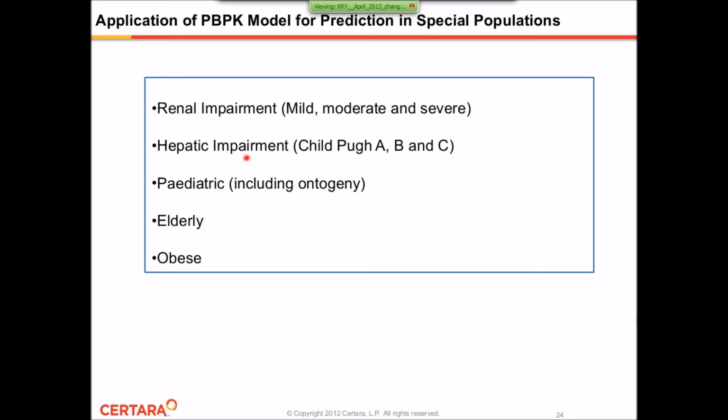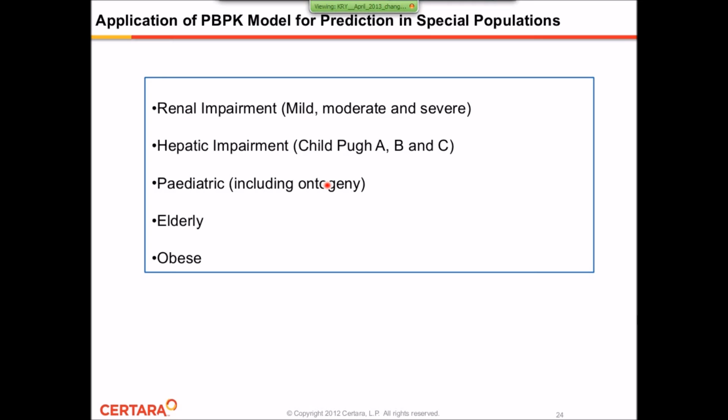For hepatic impairment, we've got Child-Pugh A, B, and C to consider, and because of the etiology of the disease, the CYP enzymes are also impacted, and also the liver physiology. We know there are portal shunts that occur, and all of these we've built into PBPK models so that we can assess the impact of hepatic impairment.